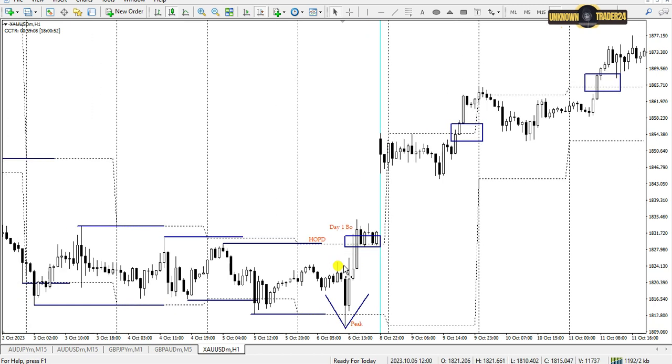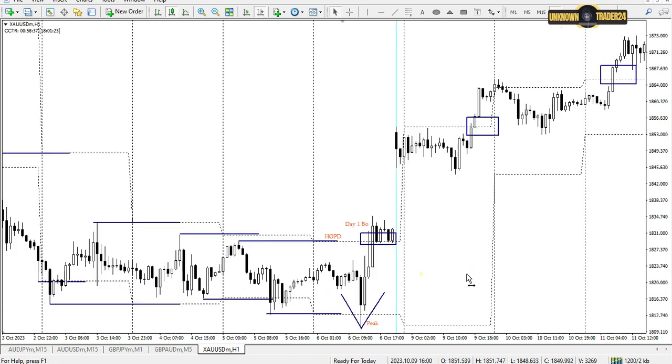So if this day closed somewhere over here, it was going to be a first green day, however it wasn't going to be a day one breakout. For it to be a day one breakout, the following day we would expect it to actually break this high, which will be the high of the previous day. Then it was going to be day one of breakouts, okay? So I hope you understand, and I will also demonstrate this further in a moment, okay?